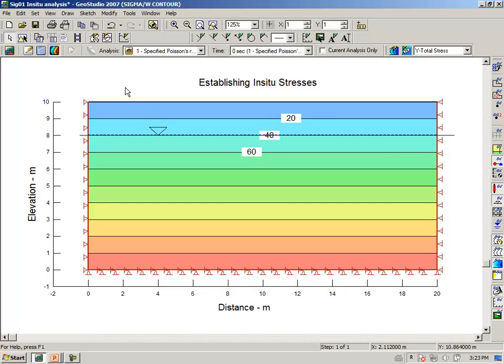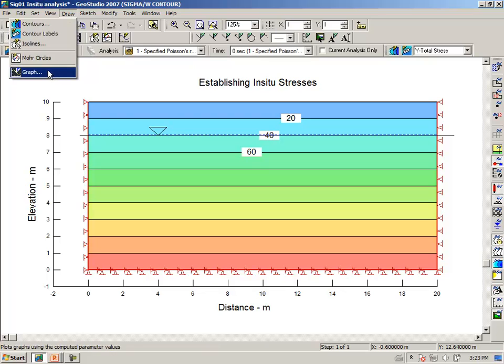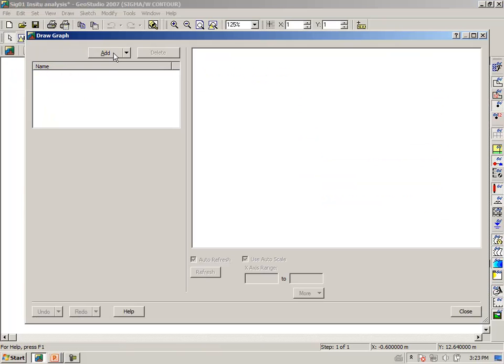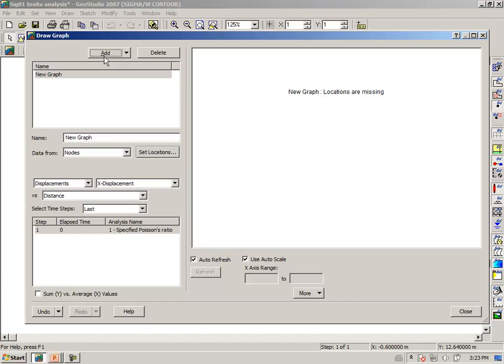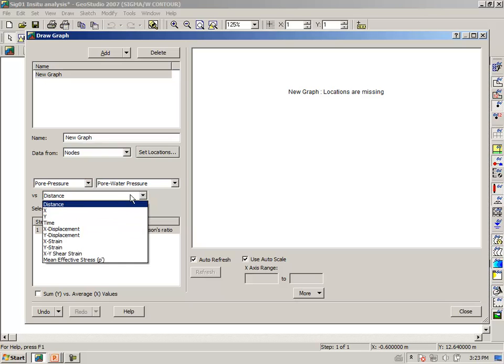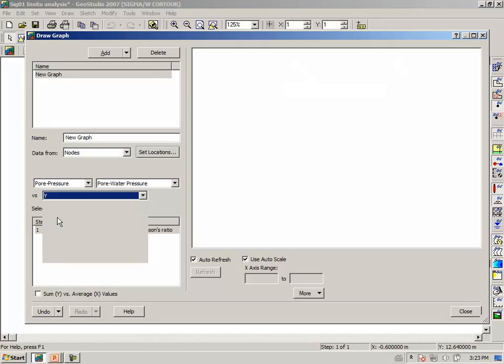Now, the most useful way of looking at the computed in situ stresses is by graphing the stresses along a vertical profile. Going to draw a graph. We'll add a graph, and first of all, let us graph the pore water pressure with the distance y.